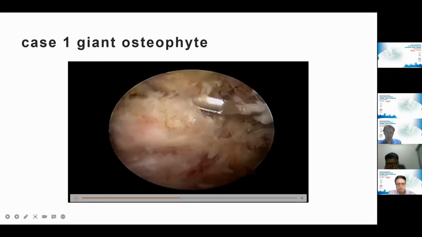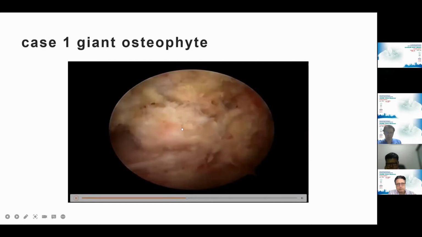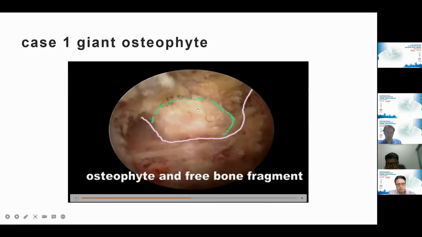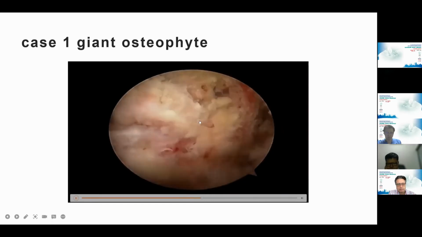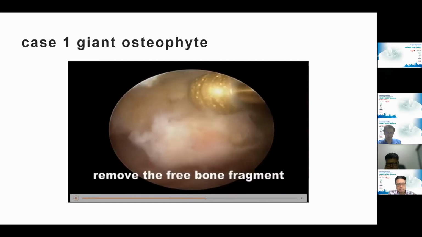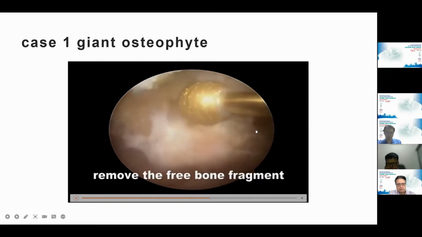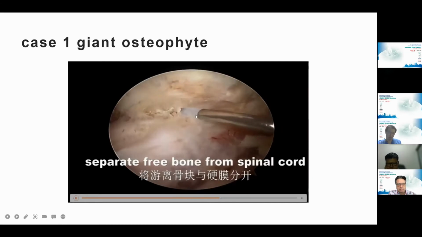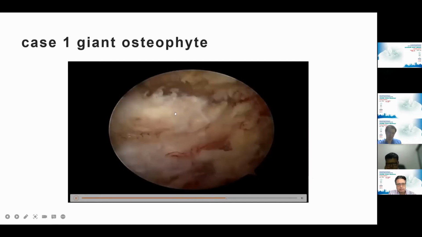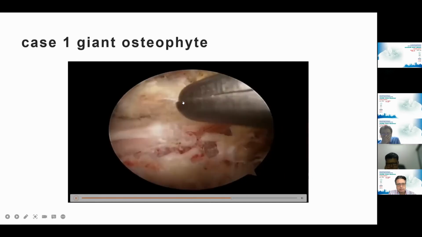Why do we choose the contralateral approach? Because we can see the gap between the osteophyte and the dura, so it's very safe. Then we remove the free bone fragment and use the small size radiofrequency to separate the bone fragment.